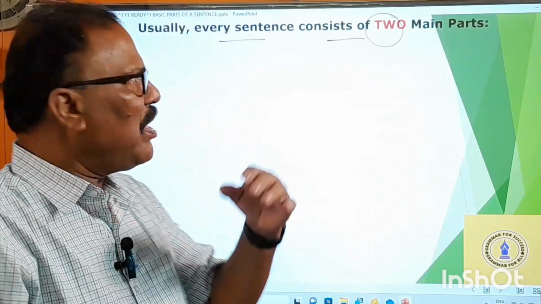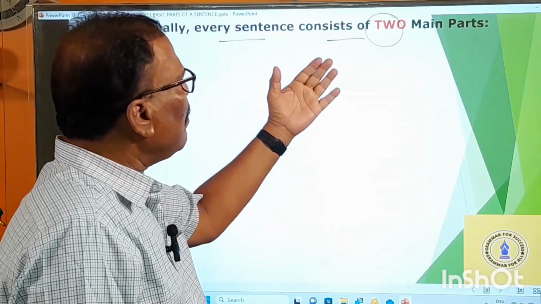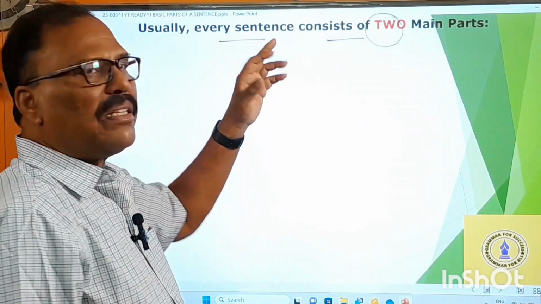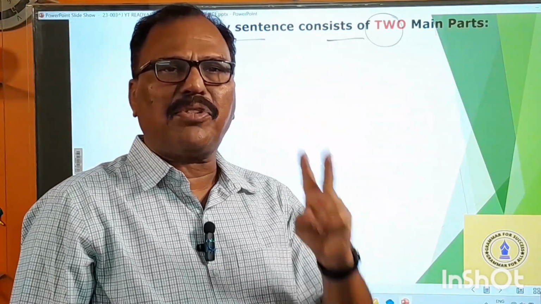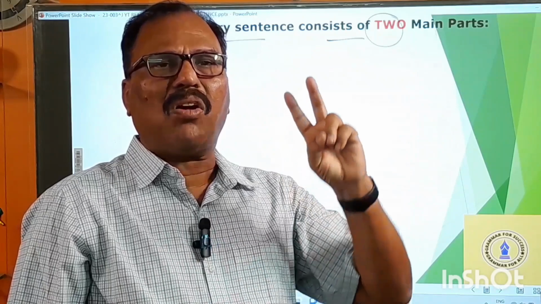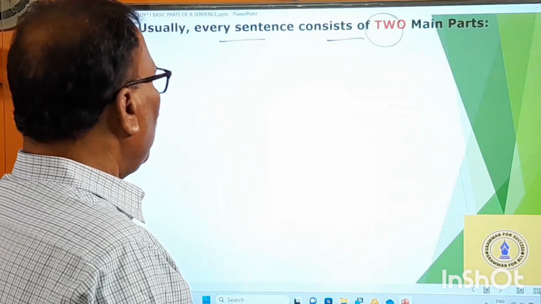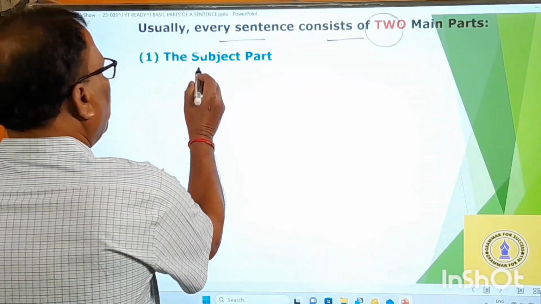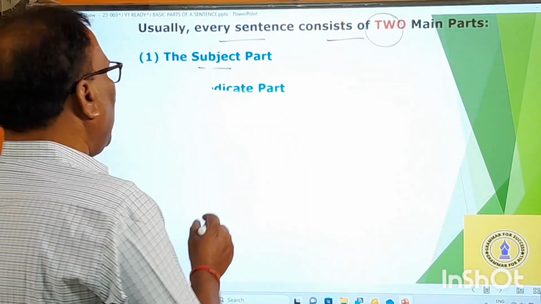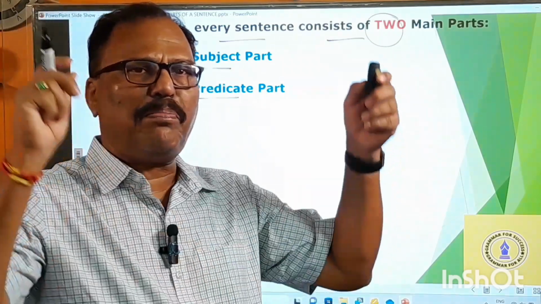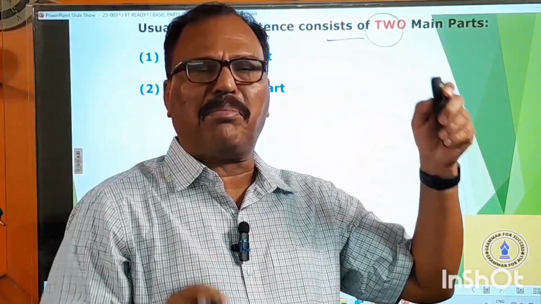Now you are going to learn about the parts of a sentence. Every sentence generally consists of two parts. They are called basic parts. What are the basic parts? The subject part, and then comes the predicate part, right? These are the two basic parts, the subject part and the predicate part.